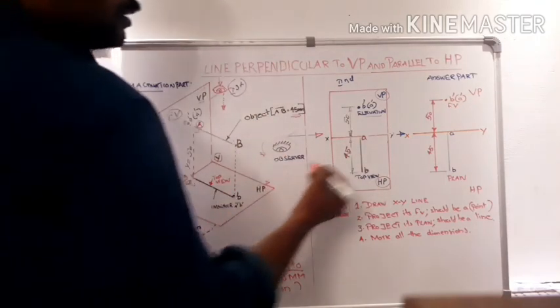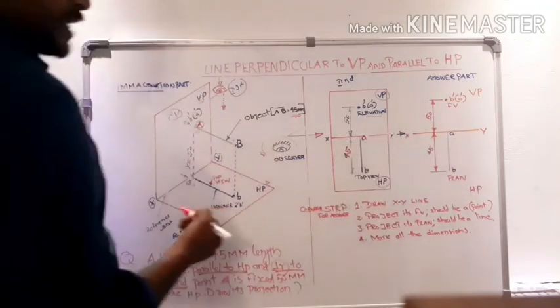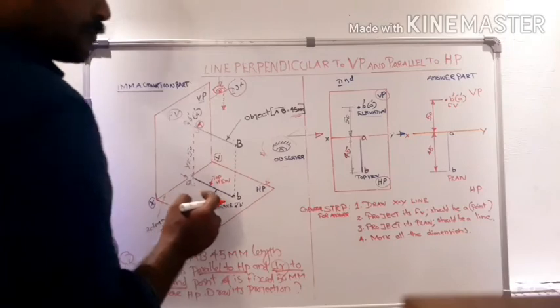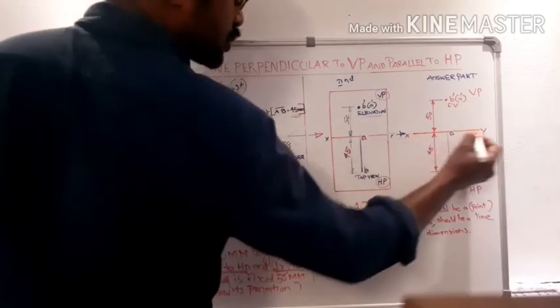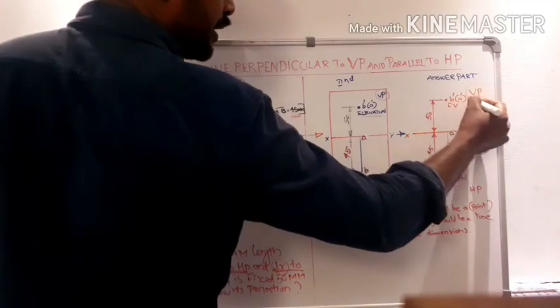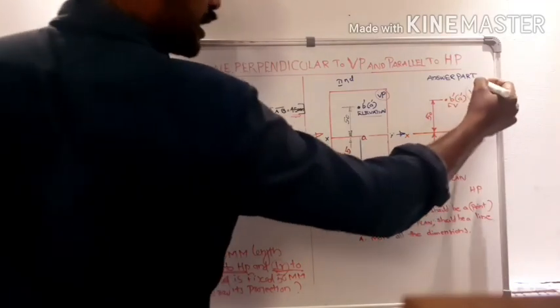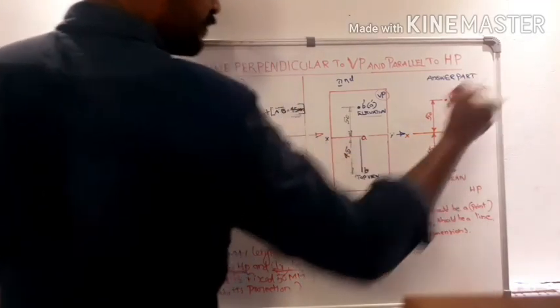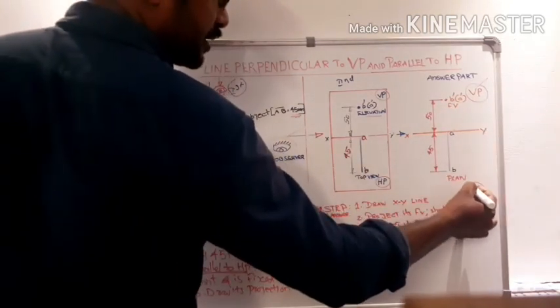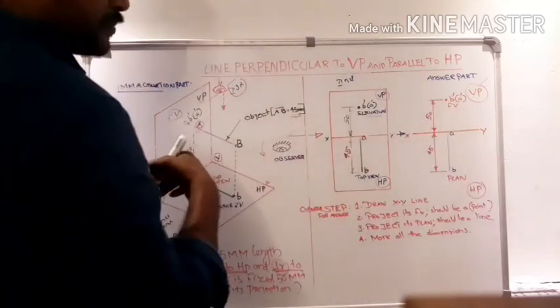Now, how to draw its answer? For drawing the answer, first you have to draw the XY line; the surface above the XY line we mark as VP, and the surface below the XY line is marked as HP.